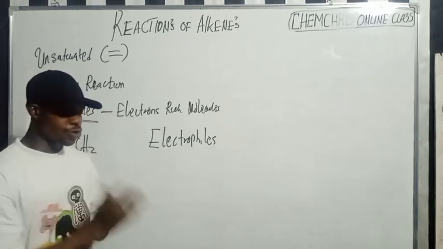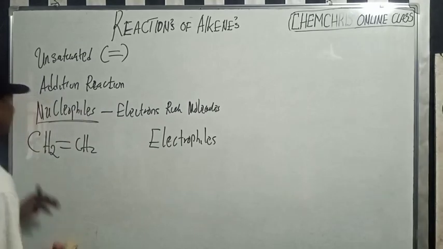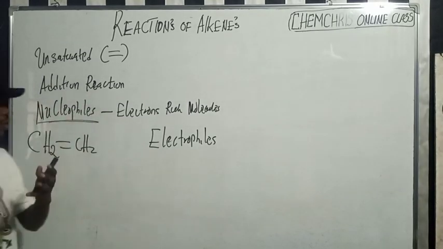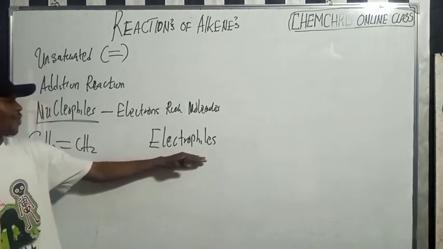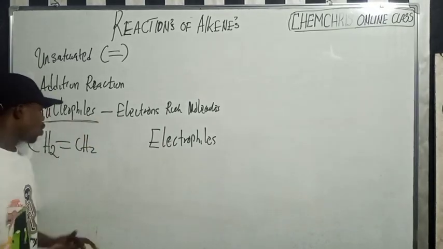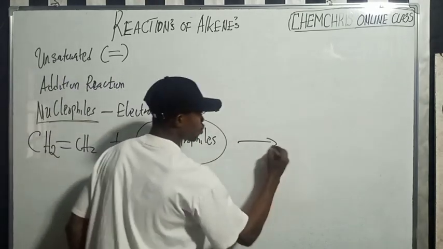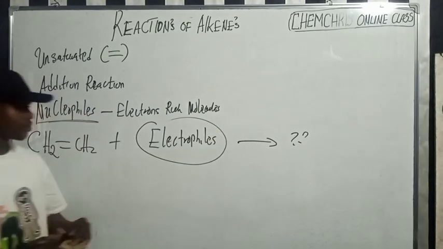So one thing you want to understand here is that since alkenes undergo addition reactions, you add an electrophile to the alkenes. All alkenes need an electrophile for the reaction to occur.